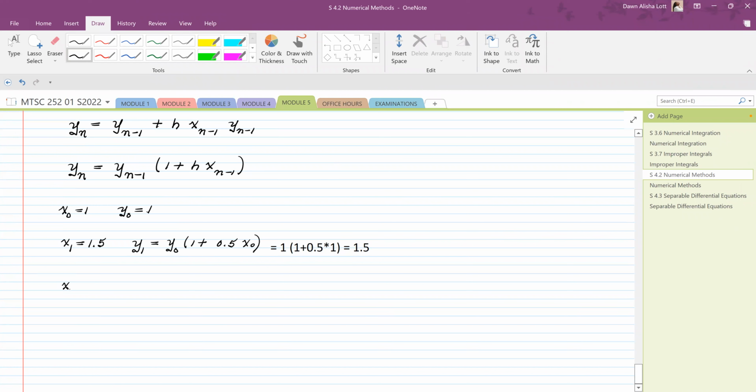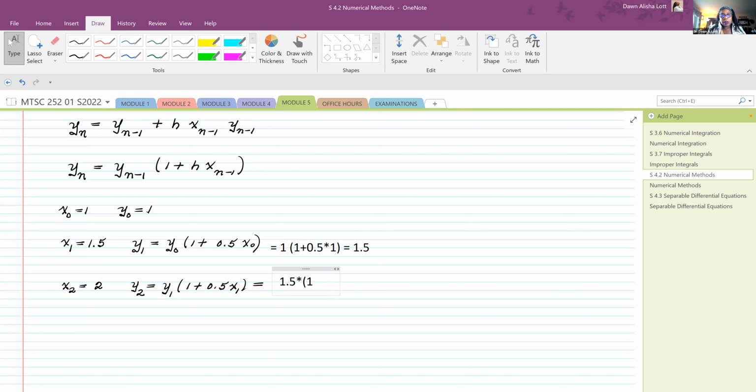So x2 is 2. So y2 is going to be y1 times 1 plus 0.5 times x1. And y1 is 1.5, times 1 plus 0.5 times x1, and x1 is 1.5.